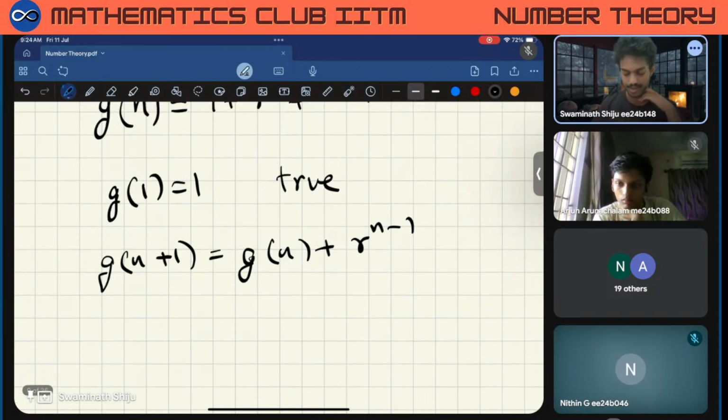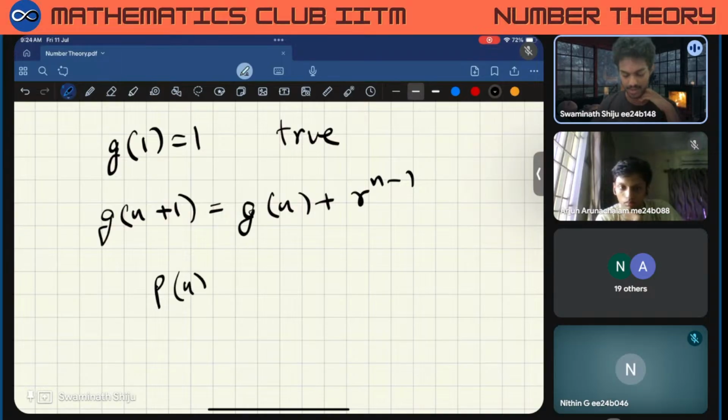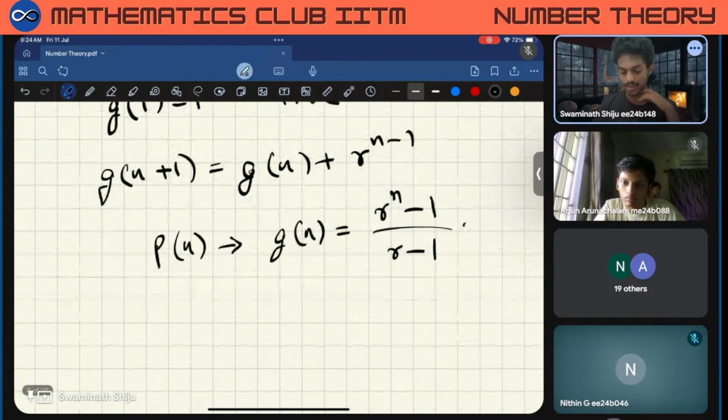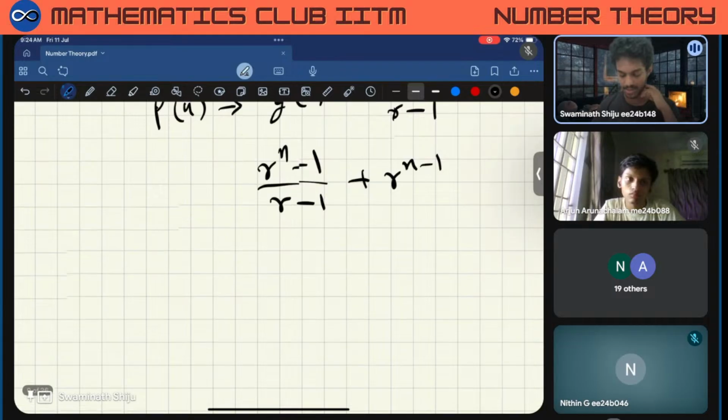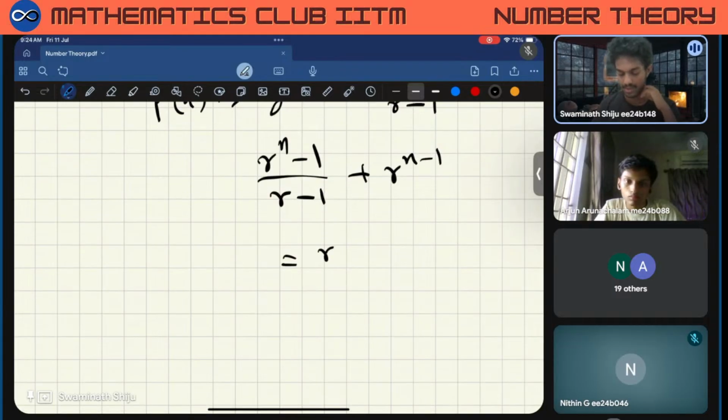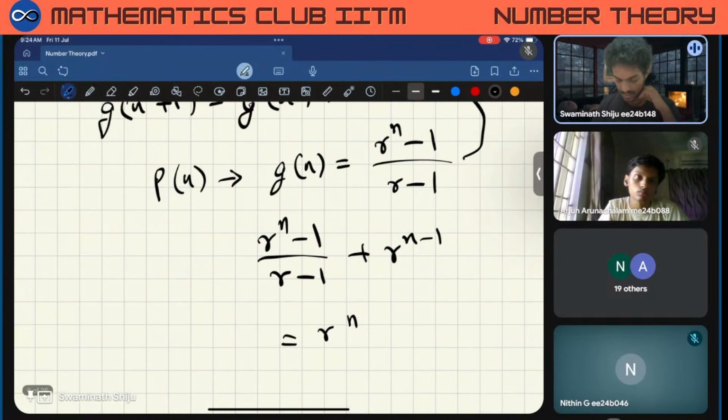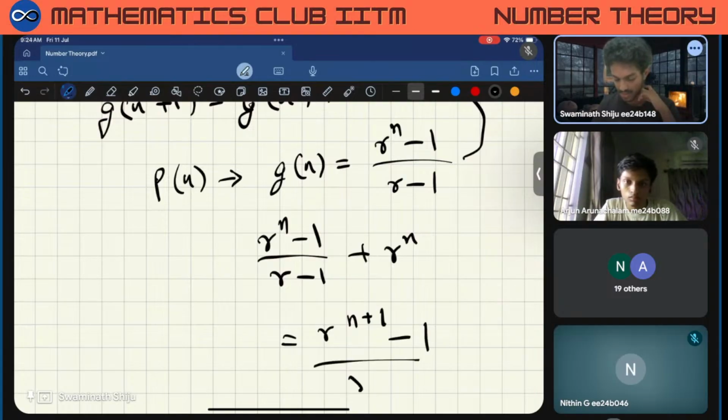Now assume P of n is that g of n is equal to r power n minus 1 by r minus 1. You substitute that here. You get r power n minus 1 by r minus 1 plus r power n, which is equal to r power n plus 1 minus 1 by r minus 1.